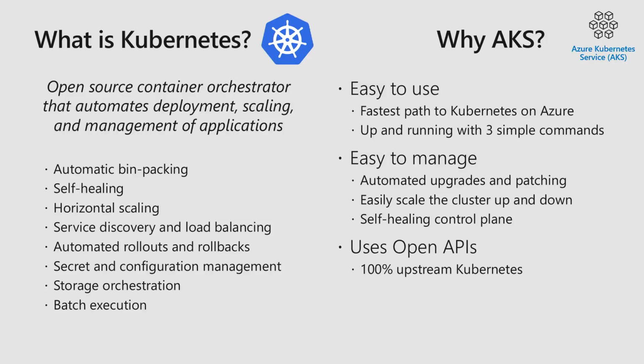That is why we need orchestration engines to help with that. What is special about Kubernetes is it provides many features like self-healing, horizontal scaling, storage orchestration, batch execution, and many more, right? And there are a couple of ways for you to run Kubernetes. You can run it on Google, you can run it on AWS, you can run it on-prem, right?